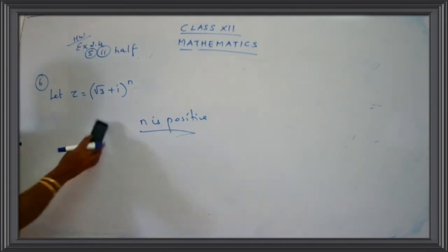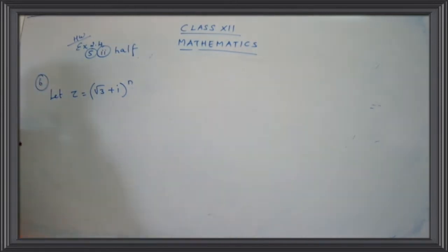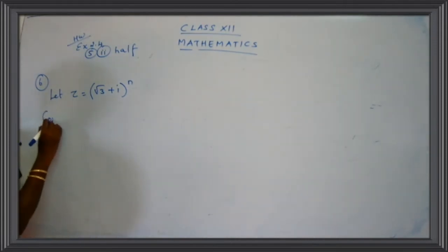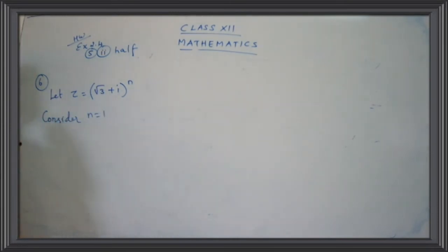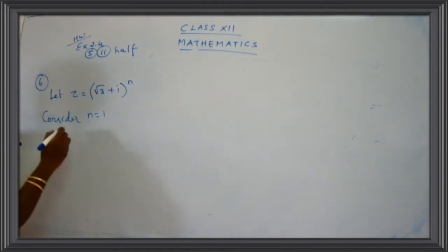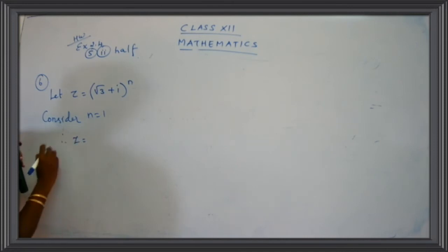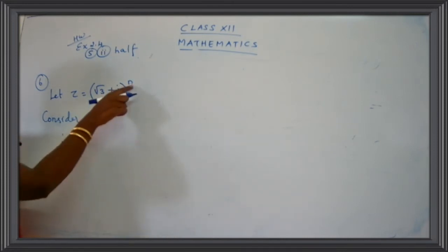See here, children. I am going to choose the values for n. Let us go for the first statement. Consider n is equal to 1, because we have to find out the value for n. So here I am going to start the value for n as 1. Therefore, z is equal to, wherever you have n, you have to replace it as 1.